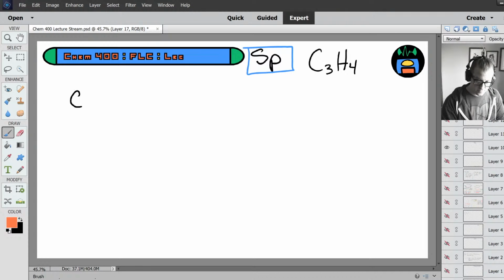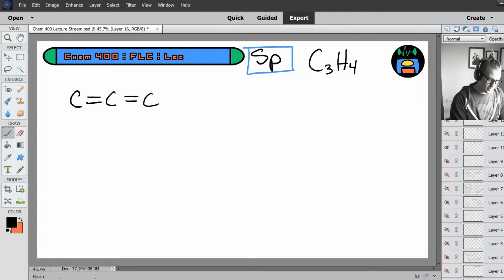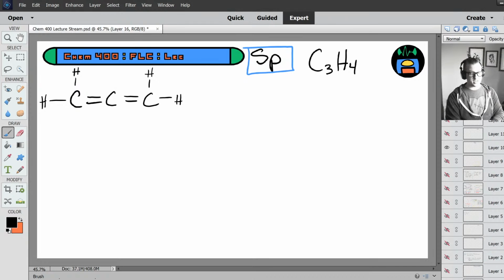All right, let's talk about this molecule. If you draw the Lewis structure, it'll come out looking like this. You'll have a carbon double bonded to a carbon, and then the two carbons on the ends will have two hydrogens single bonded to them.